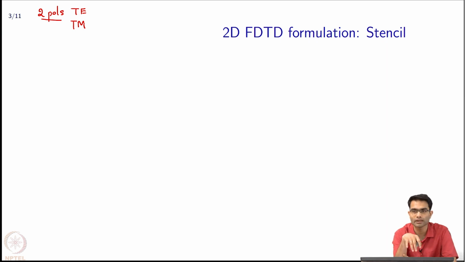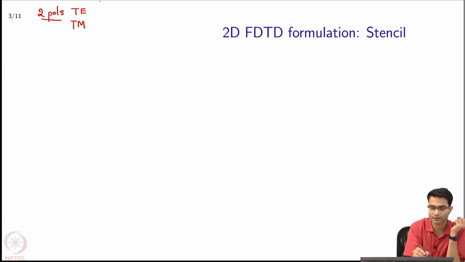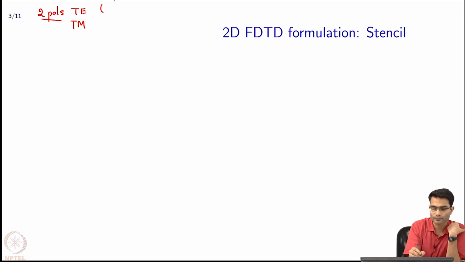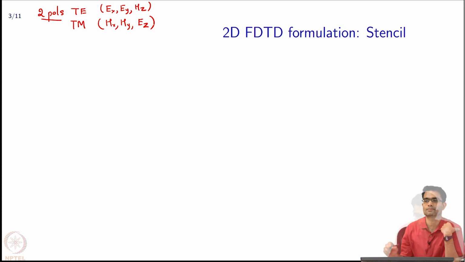So, I can deal with each of these two separately and then worry about superposition later, right. So, TE, as we have said, it consists of which variables? Ex, Ey, Hz, right, so far, and TM was Hx, Hy, Ez.